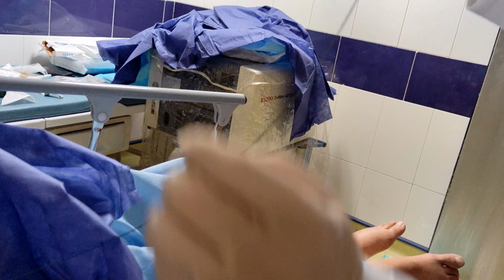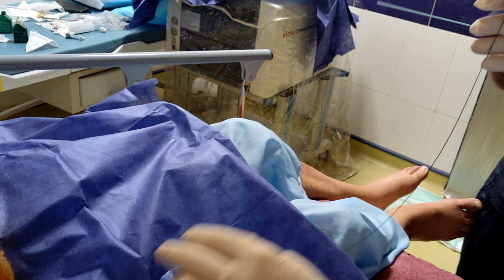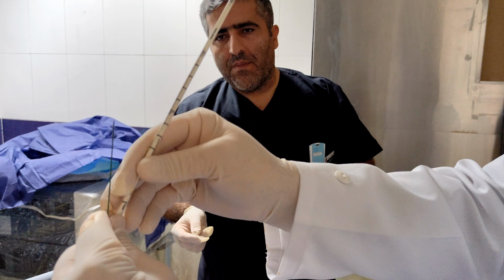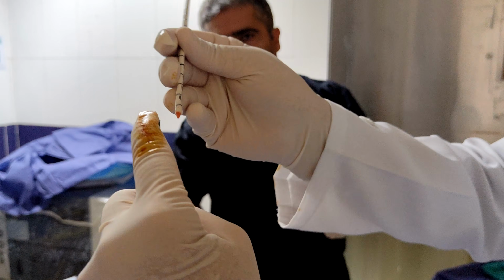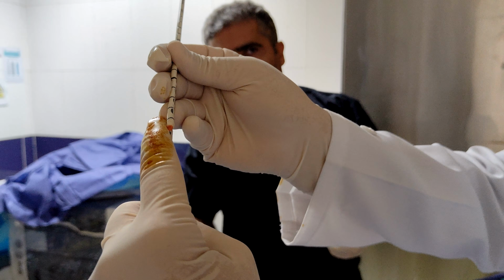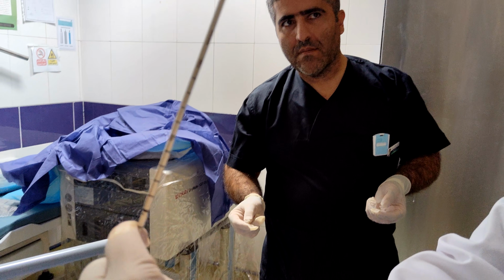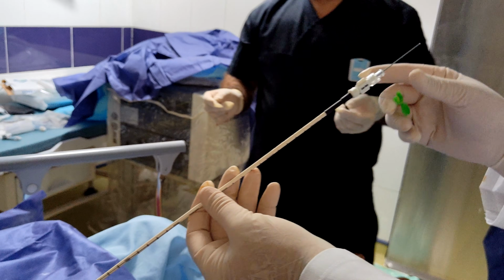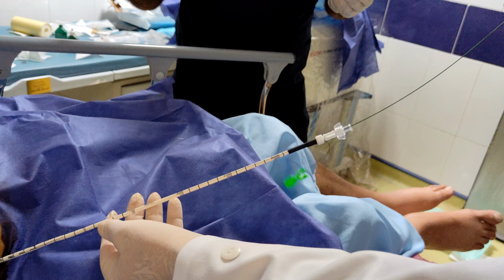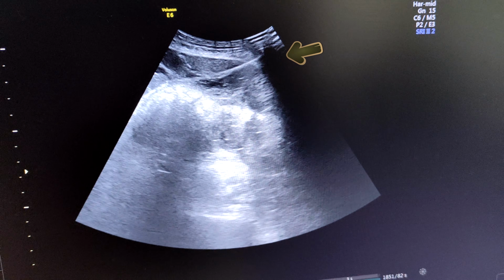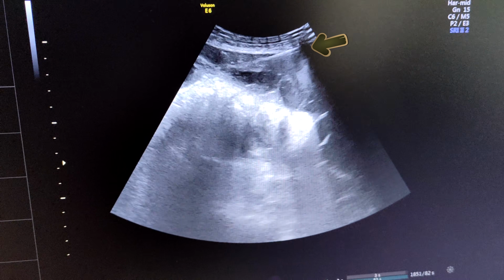Once the tract is prepared, the peritoneal catheter is advanced over the guide wire into the abdominal cavity. You can clearly see the catheter in the cavity on the ultrasound monitor.